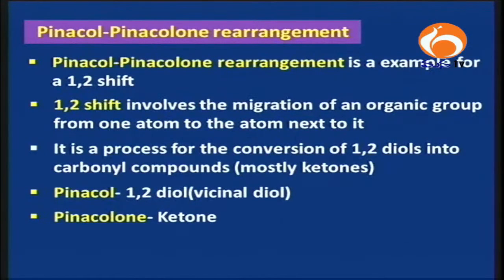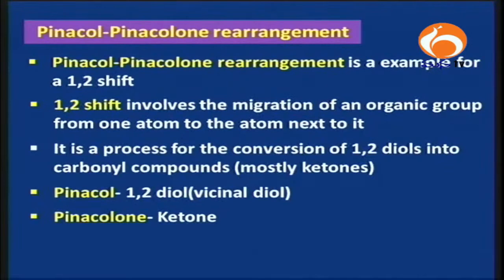As I explained before, 1,2 shift involves the migration of an organic group. It may be an aryl group, or it may be a methyl group, or it may be simple hydrogen atom in the form of H minus from one atom to the atom which is next to it.